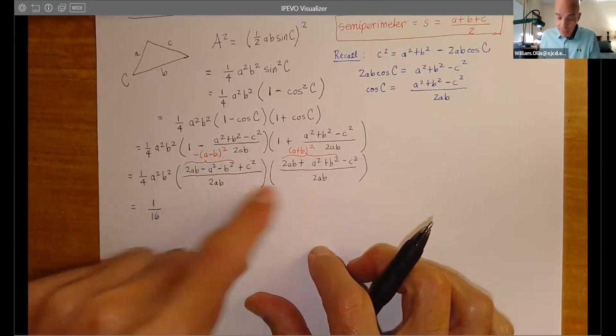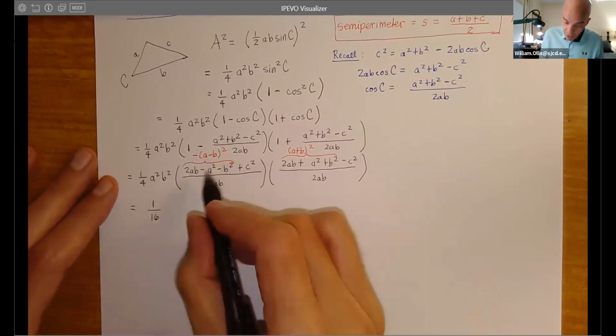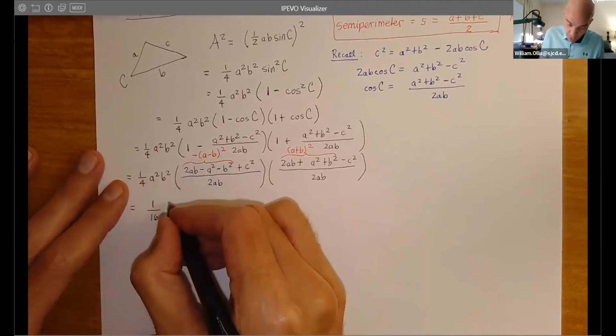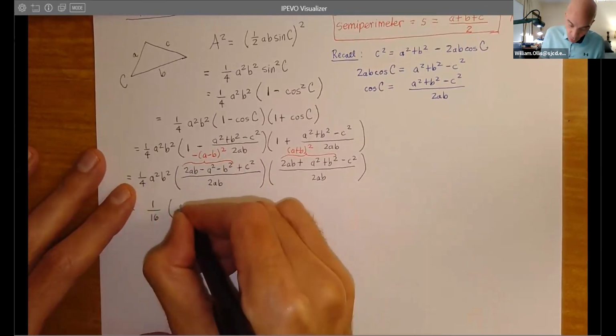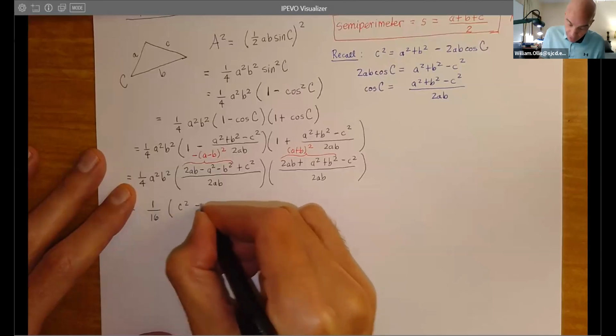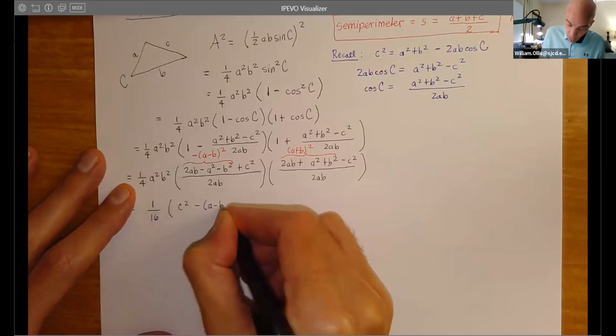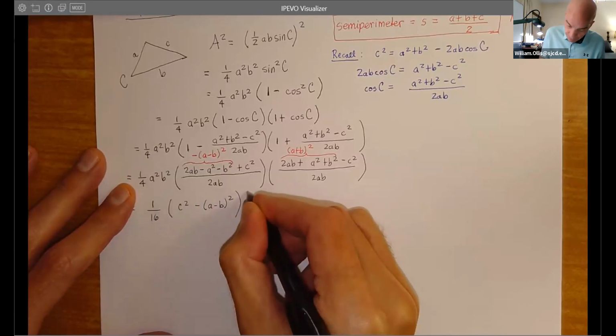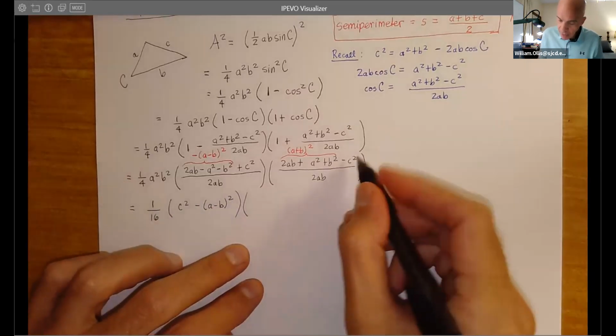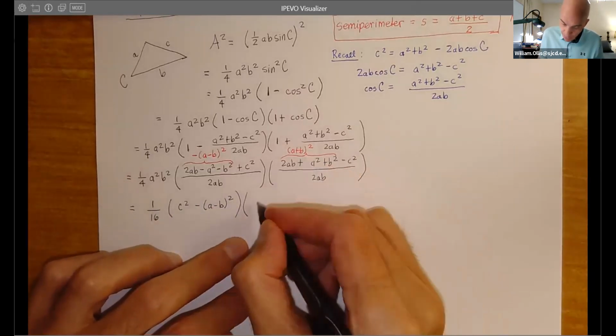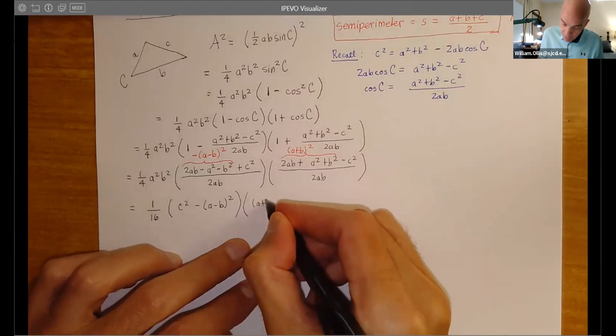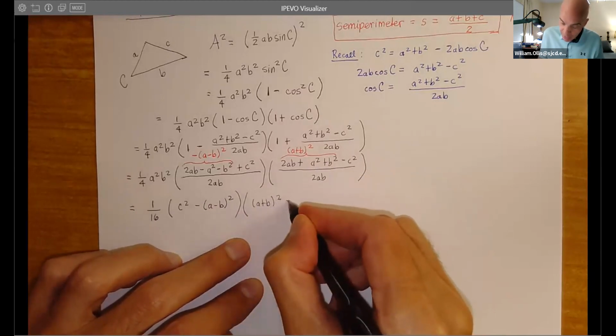The AB's absorb here. And then we can put in our difference of squares. So write the C squared first, minus A minus B quantity squared. And then here, it doesn't matter. We'll just write the positive first, A plus B quantity squared minus C squared.